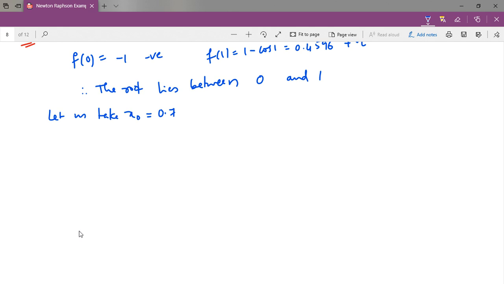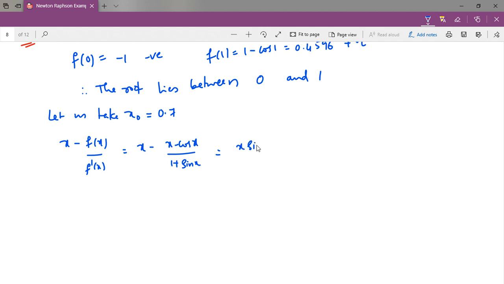So we shall just arrange a few things. We have the Newton-Raphson formula, x minus f of x divided by f dash of x. So this is going to be x minus, f of x is x minus cos x, divided by 1 plus sin x.